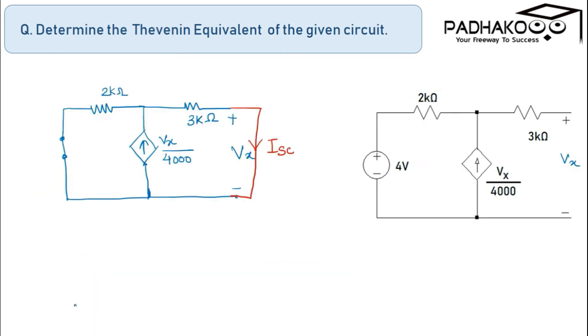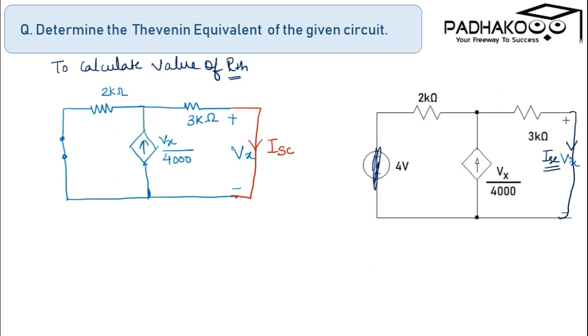Now to calculate the value of Rth, we have to replace this voltage source by a short circuit element. As we can see, we have to short circuit the terminals of network A, and let us say ISC current flows in this branch.